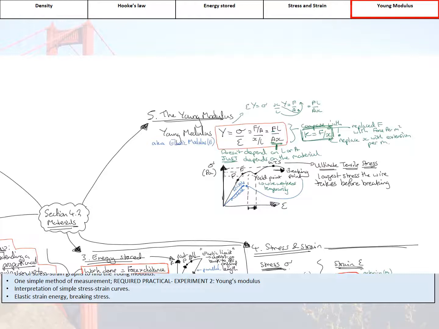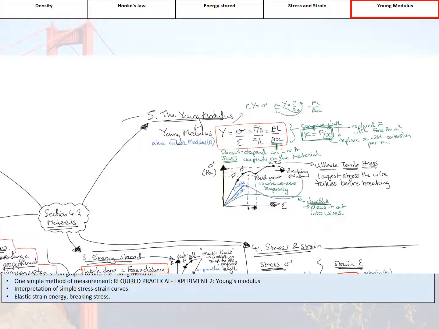Now, you might also have a material which goes and becomes really, really long, and that material is ductile. Blue tack is a good example of this. You can draw blue tack out into really, really long extensions, roll it up into little tiny thin bits. So ductile means you can draw it out into wires. So you do need to know what ductile and brittle materials are and what they look like.